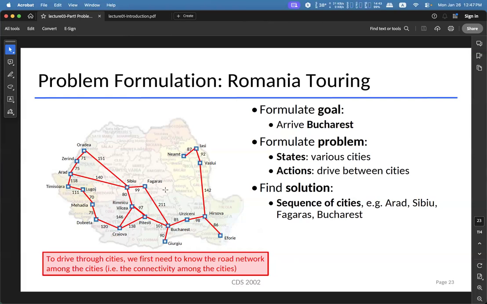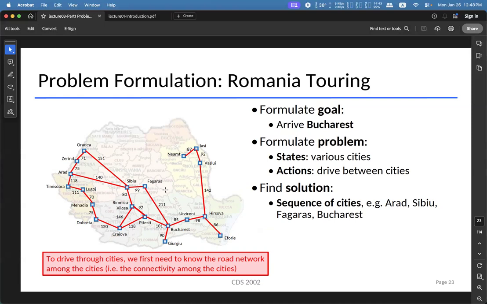After we establish this graph, this problem becomes a graph problem. We no longer need to consider the technical details of Romania. We just use this graph and we can already figure out the path from Arad to Bucharest.